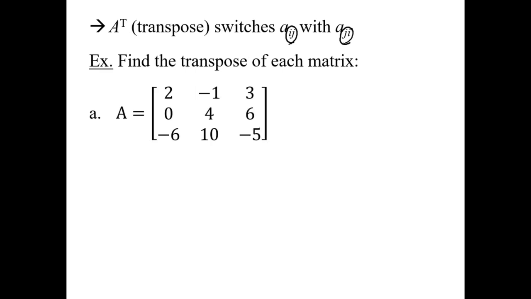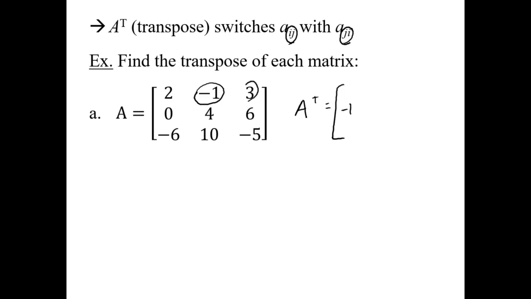Find the transpose of each matrix. So we have this matrix. Here's matrix A, and we're going to find A transpose. Let's look at some entries here. Let's start with this -1. Notice that the -1 is in row 1, column 2. Well, I'm going to move it to be in row 2, column 1.